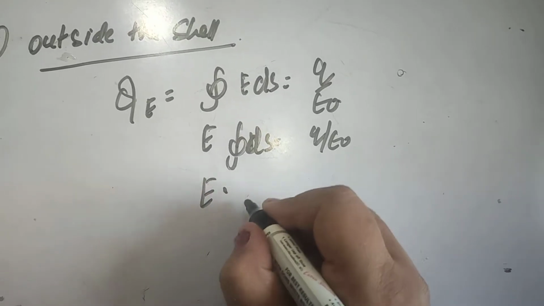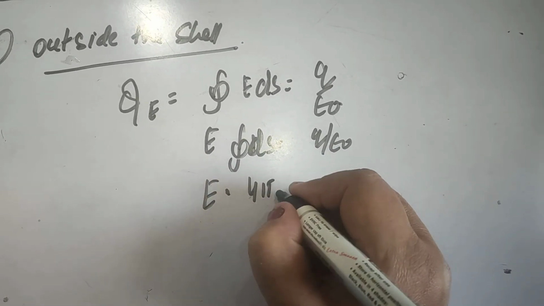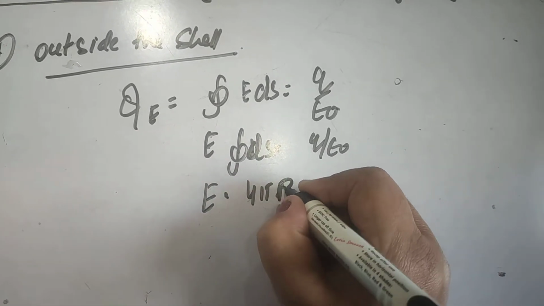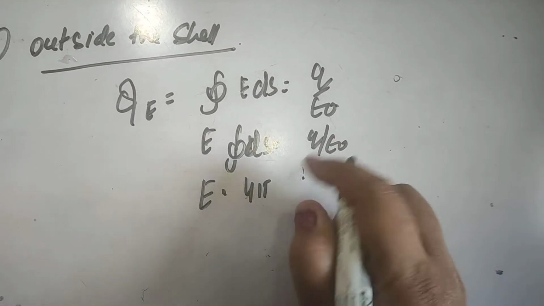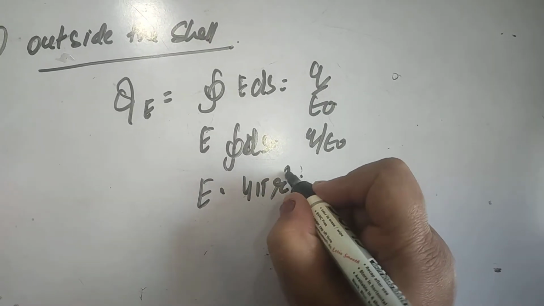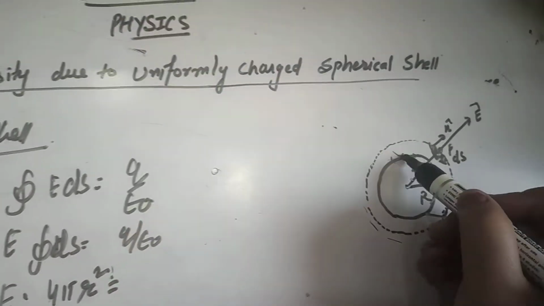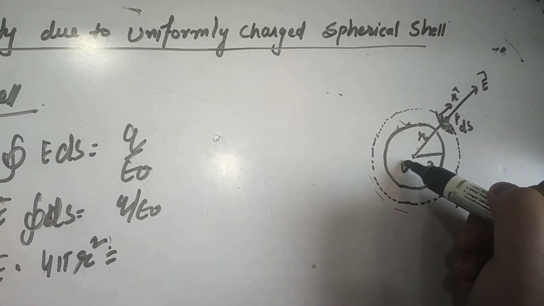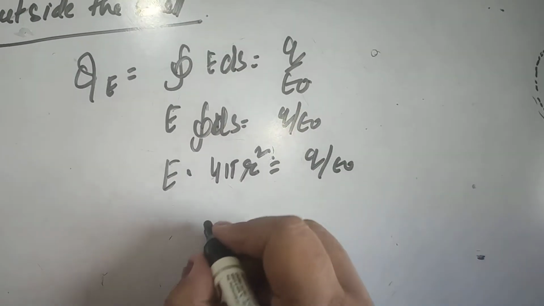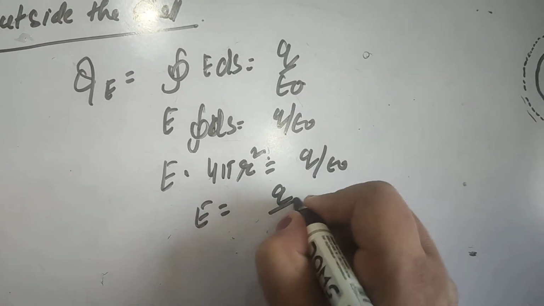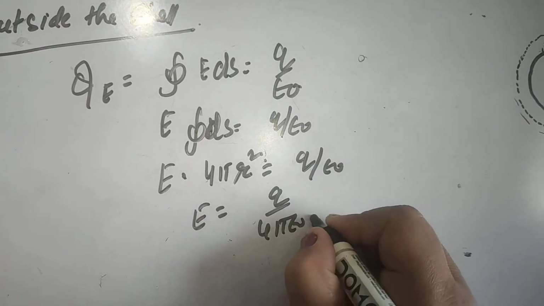We have already done it many times. Here it will be small r, because the point P at which we are finding the field intensity is at distance r from the center O. So E is equal to Q upon 4 pi epsilon naught r square.